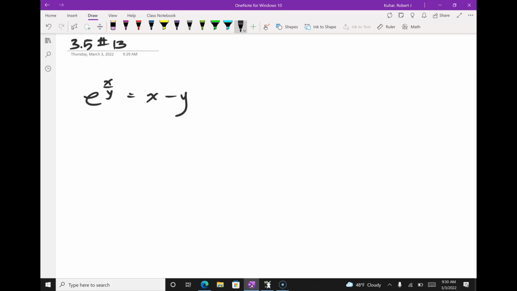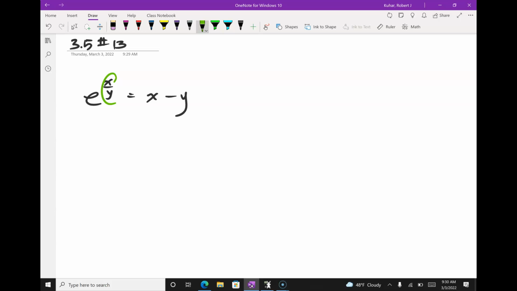It should be kind of obvious, right? How would I solve for y here? How would I get that stuff out of the exponent? So how do I get the y out of there? You divide e to the x divided by e to the power y.